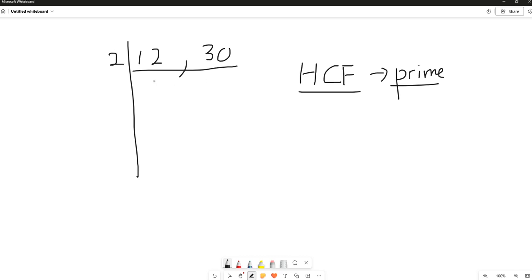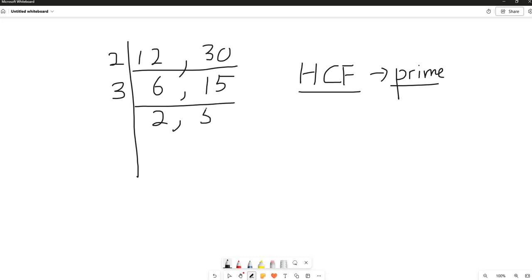Divide by 2, you get 6, you get 15. Now continue, ask yourself, 6 and 15, can you divide by 2? Not quite, because 15 is not an even number. But you notice that 6 and 15 can be divided by 3. We will do them together. So divide by 3, you get 2 and 5.